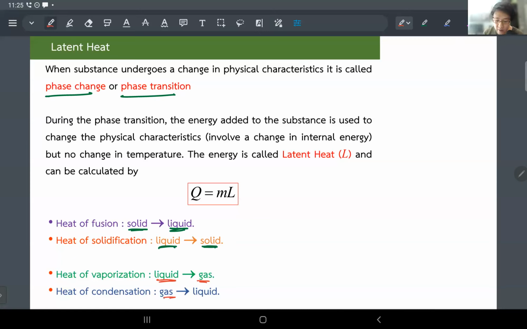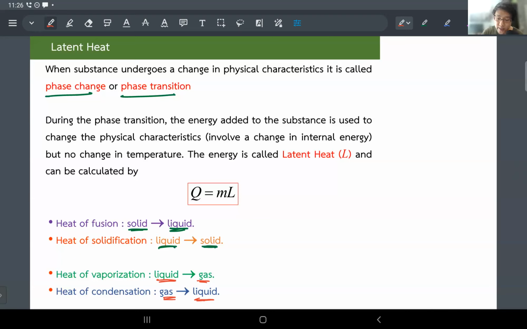Or the other way around, the vapor can condense down to a liquid. So that's condensation. As long as you are at the temperature where the transition is happening, the energy that you supply to the object won't be used for temperature change, but it will be used for phase change.